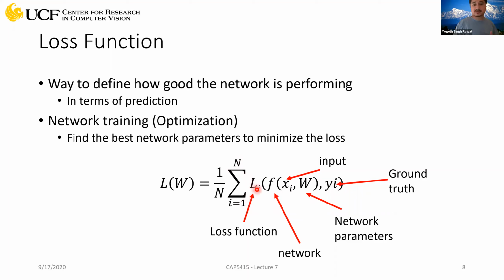So you will repeat this process for all the images from 1 to n, and then you will compute the loss function and then you will just normalize it. So this is the loss value of your network, and it's going to tell you how good your network is doing. Now we'll see what this loss function can be. For now, let's just assume that we have a loss function which can do that.